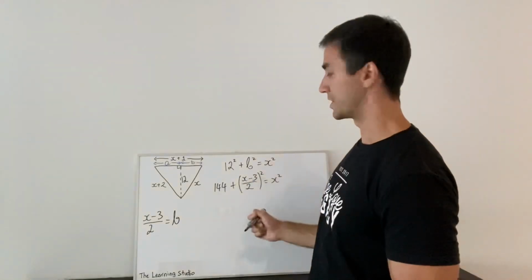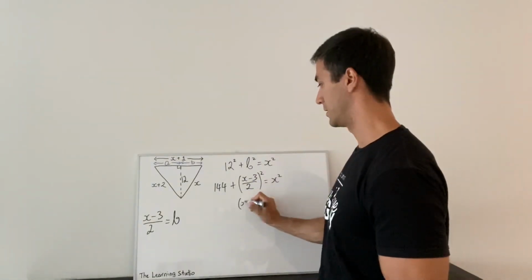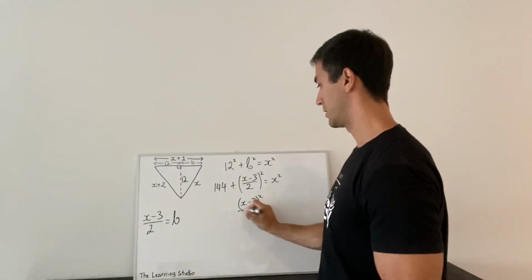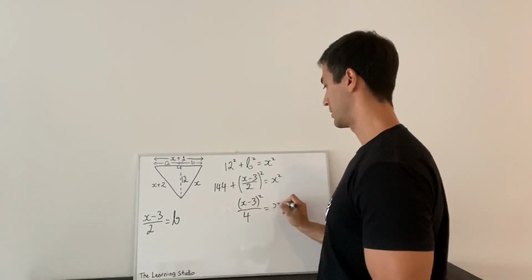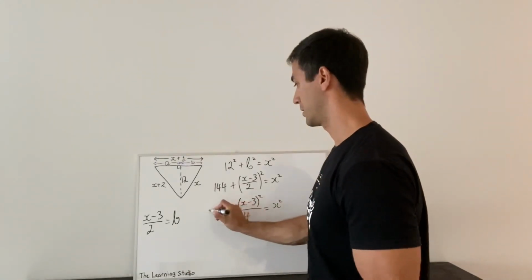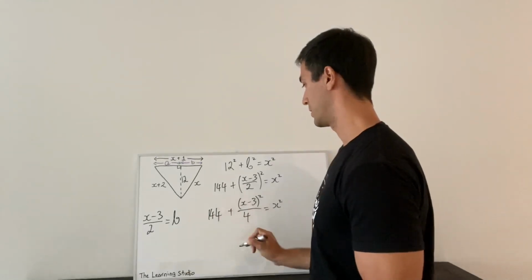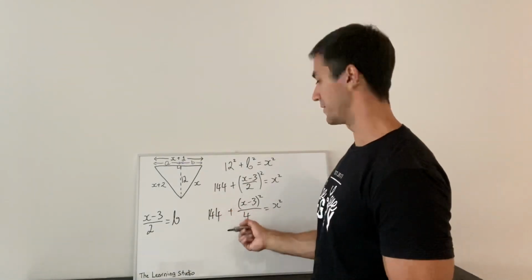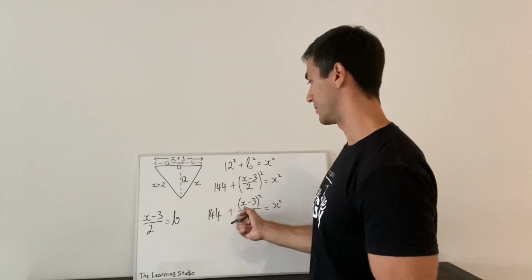And so we can then just expand this part out, right? And then if we multiply everything through by 4, we'll get rid of this annoying fraction.